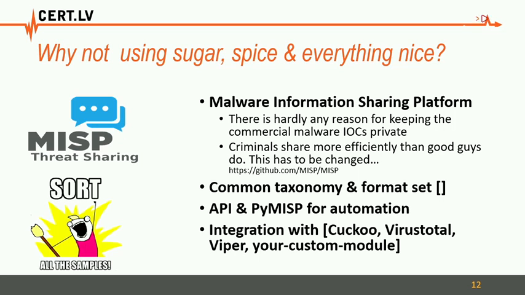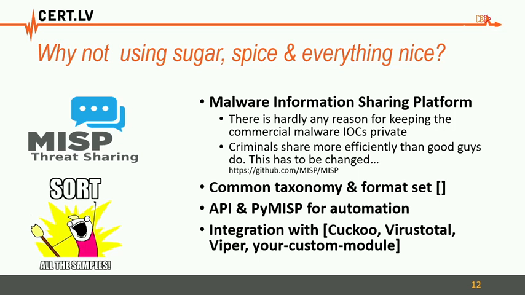This is what I mentioned during the beginning of my presentation. There's hardly any reason I can imagine for keeping the commercial malware indicators of compromise private. So I can understand those cases with APT where people would like to keep it quiet and perform some analysis, and maybe at some point they would be willing to share some of that. But with commercial stuff, it's not the case, and we should share more efficiently, and those tools are able to help us to do so.